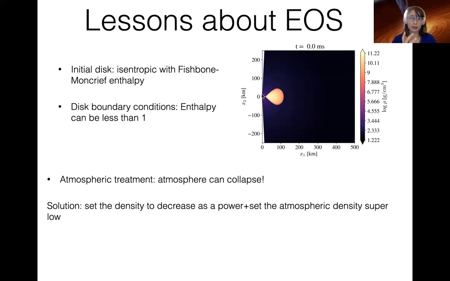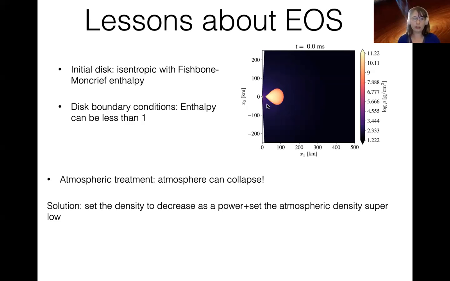In the tabulated equations of state, the enthalpy can actually be less than 1 in some of the tables, depending on the reference mass. And in Fishbone-Moncrief, the boundaries of the disk are set to when the enthalpy is 1. So we needed to take care of that and make the boundaries a little bit different, with an enthalpy of like 0.99 something. Now the boundaries are correct and the torus is actually in equilibrium.